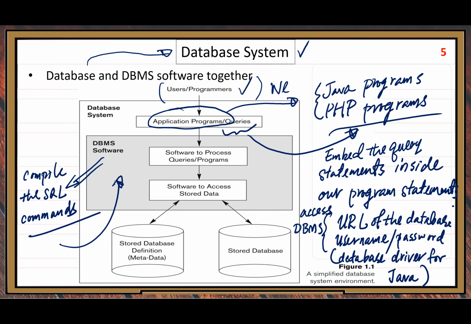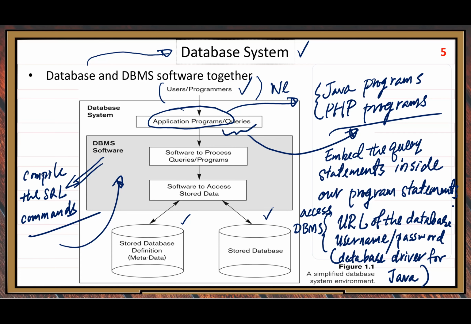So here you can see these two cylinders. Look at the picture, two cylinders. The right cylinder stores the database, the business data, the primary data we are talking about. The left-hand side is secondary data, the metadata, right?